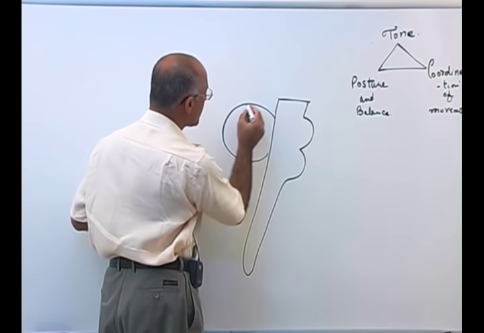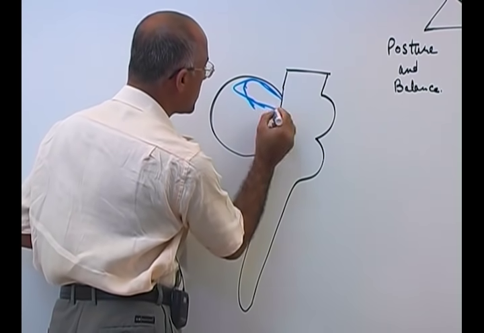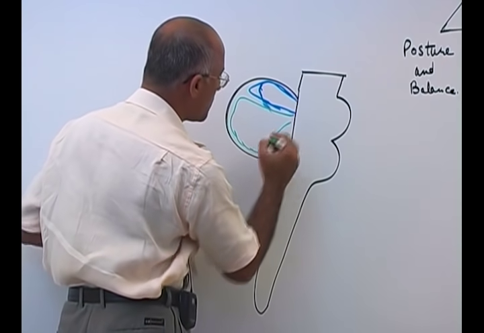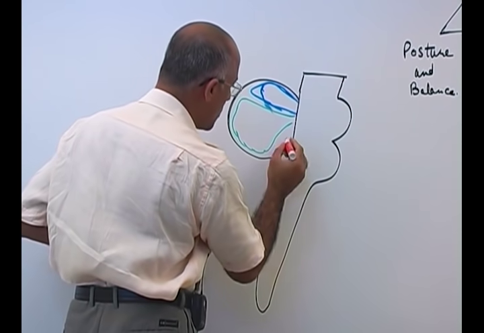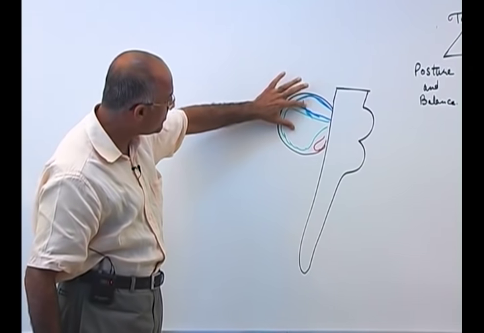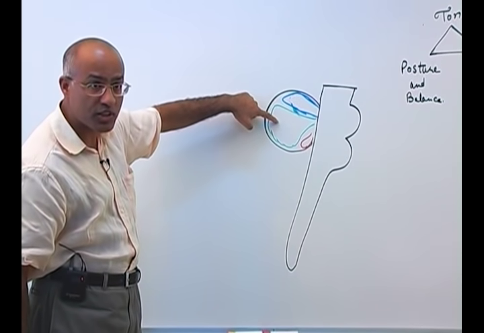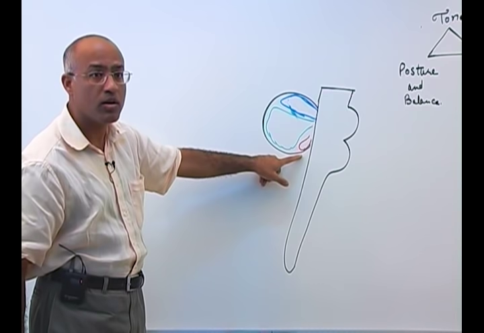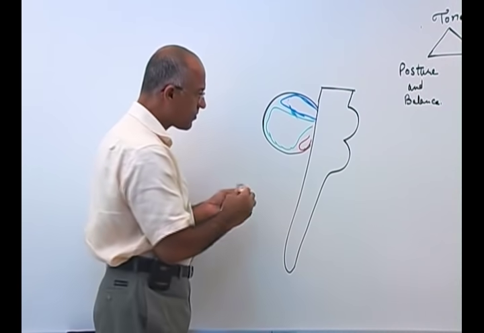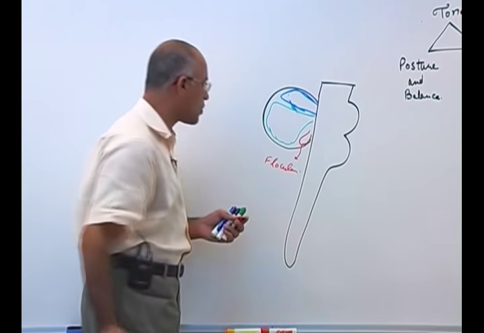There is the anterior lobe, then there is the posterior lobe, and then there is the flocculonodular area.